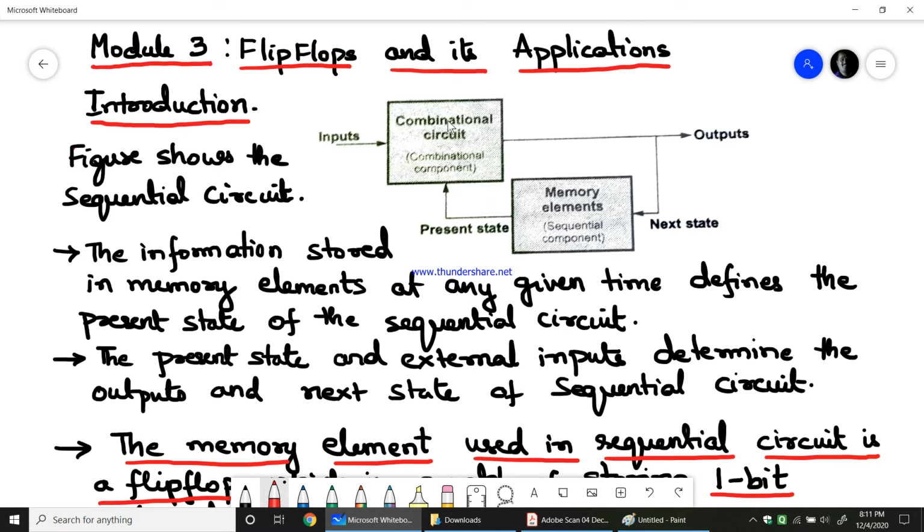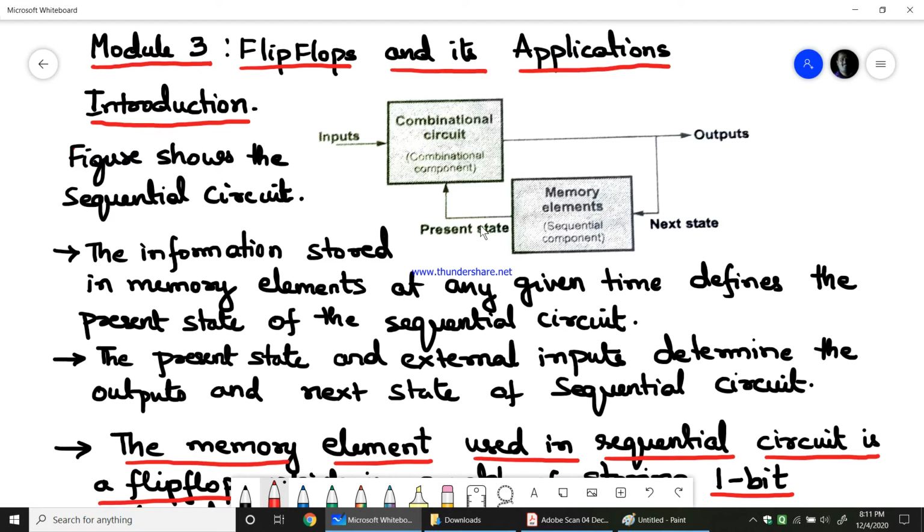The combinational circuit accepts the input and that present state stored in the memory element, and gives a new output. This cycle continues, which is why it is called a sequential circuit: present state, next state, and that next state becomes the present state for the next clock pulse. That is how the sequential circuit behaves.